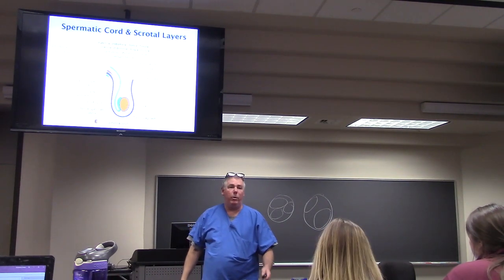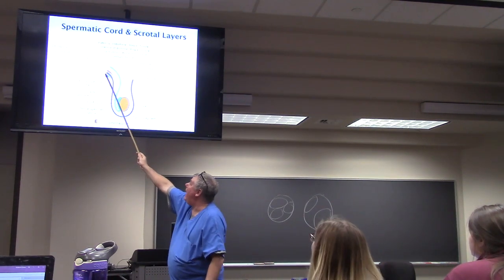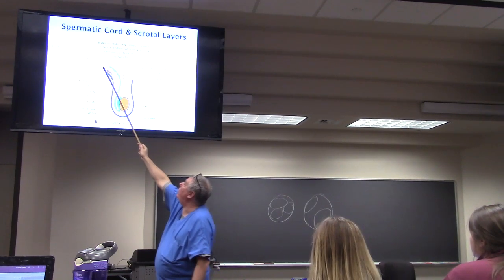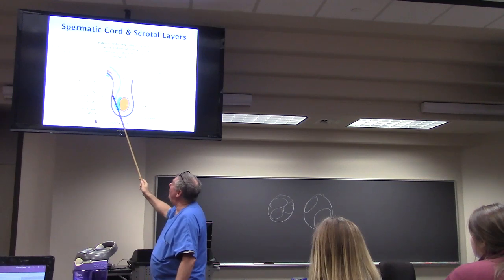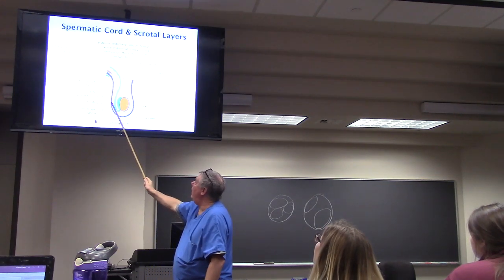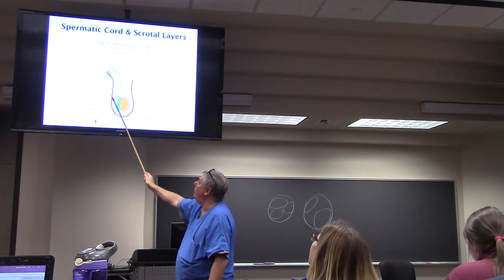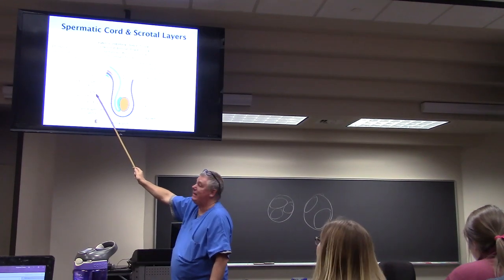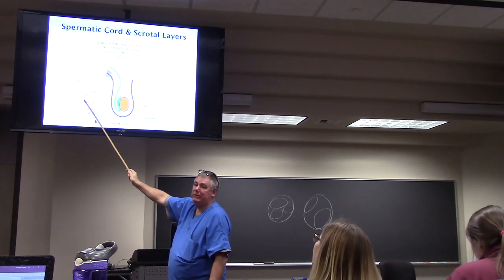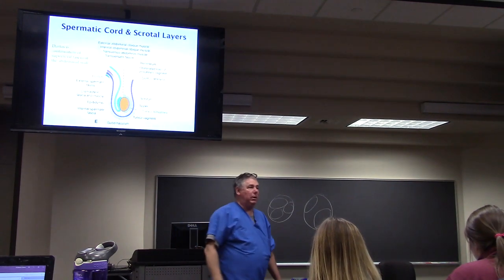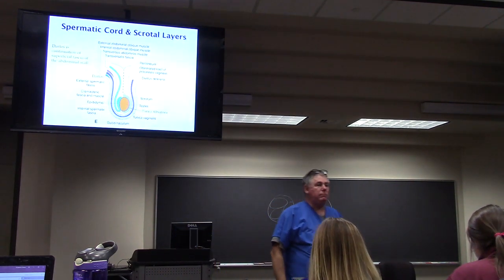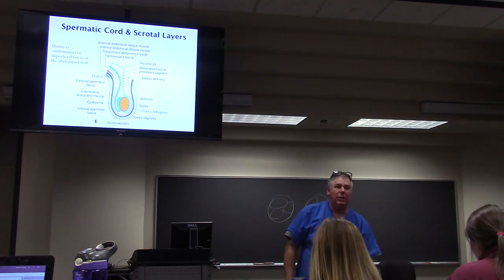The other thing that's important here is the aponeurosis of the internal abdominal oblique down here in the scrotum is called the premasteric fascia and muscle. You could just call it the premaster muscle. The premaster muscle.